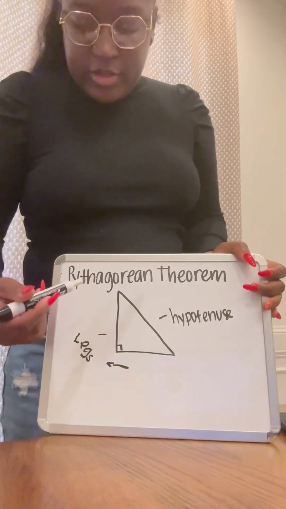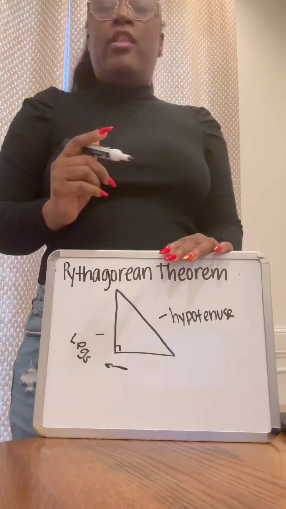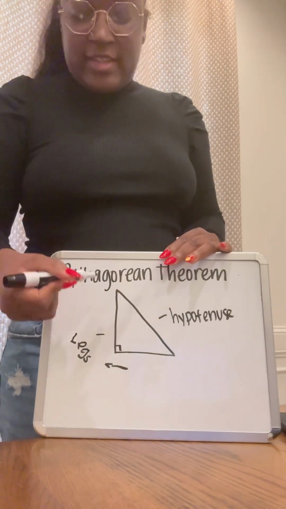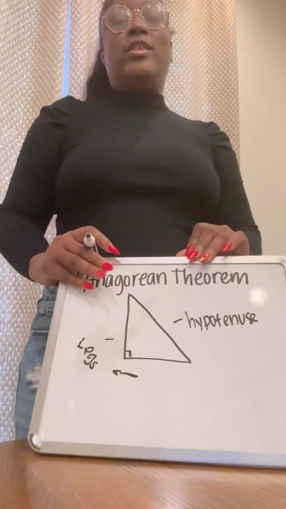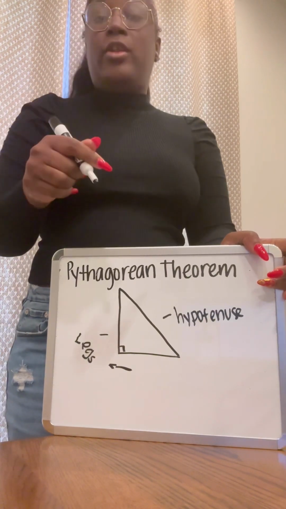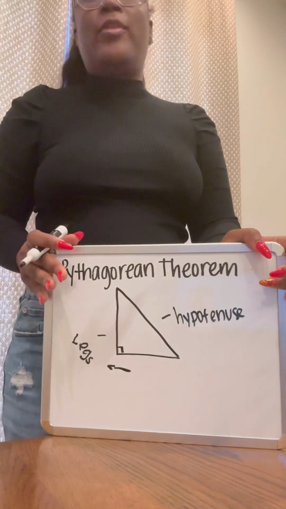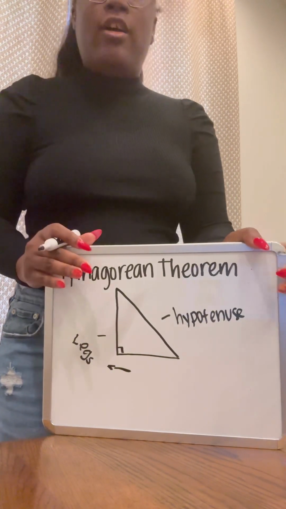Okay, so using the Pythagorean theorem, this is going to be used, as I've stated, to find one of the legs or the hypotenuse. Okay, so now we're going to talk about the formula for the Pythagorean theorem. Now, the formula is very simple. It's not anything hard.